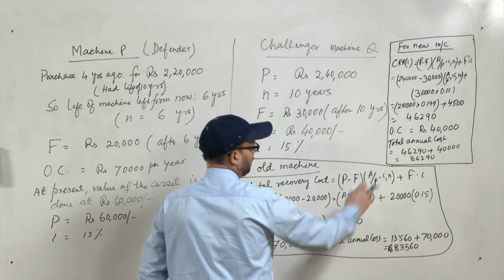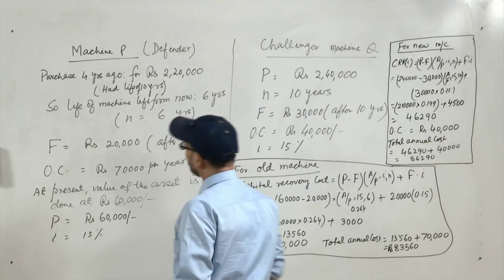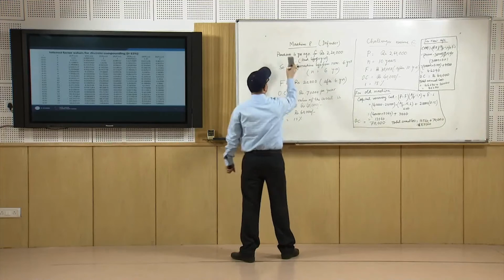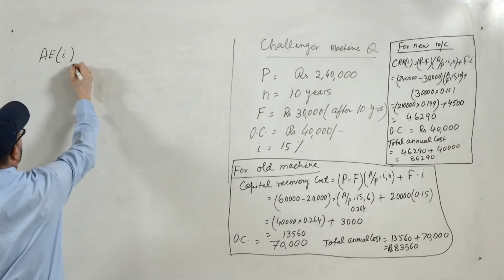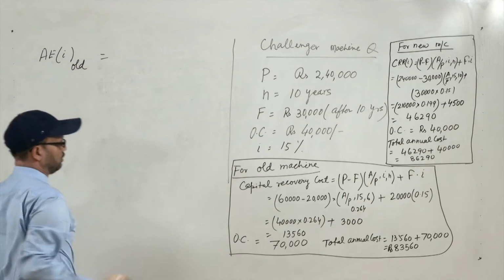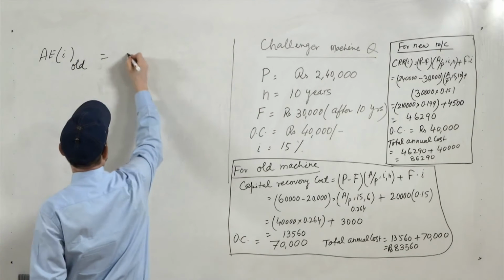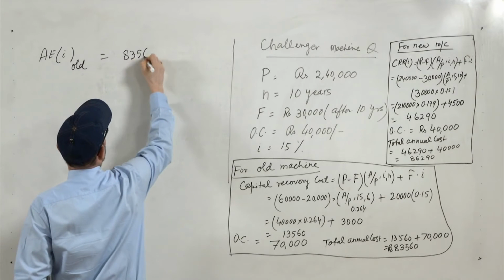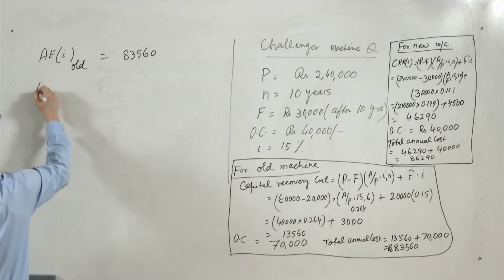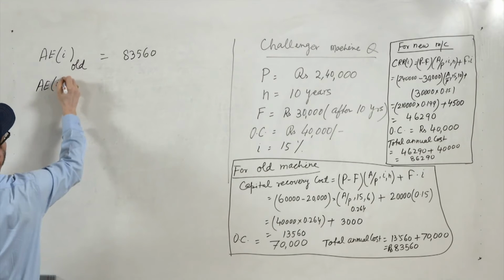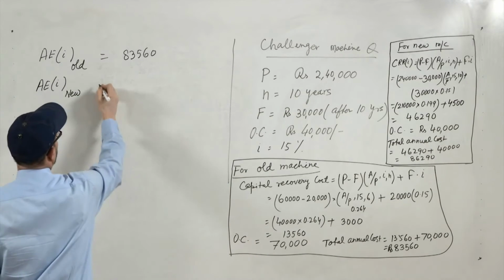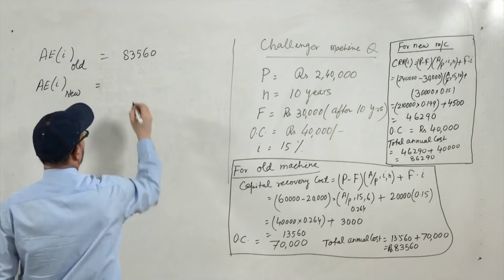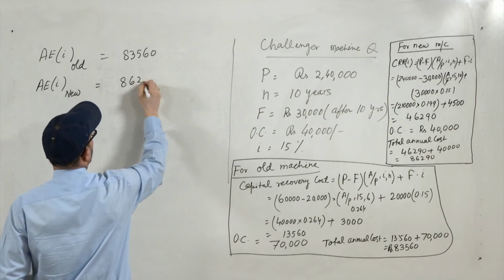The annual equivalent for the old machine is coming out to be 83,560, and the annual equivalent of the new machine is coming out to be 86,290.